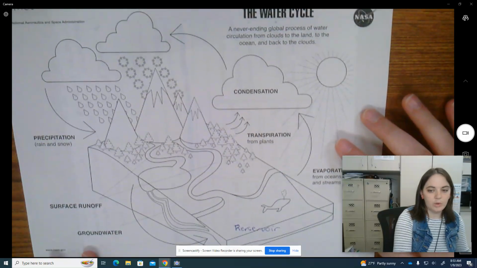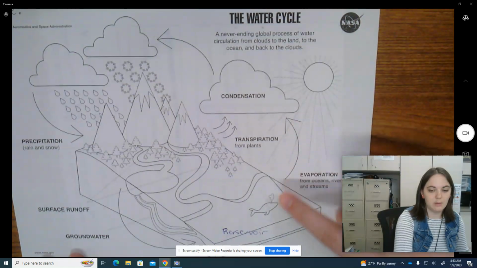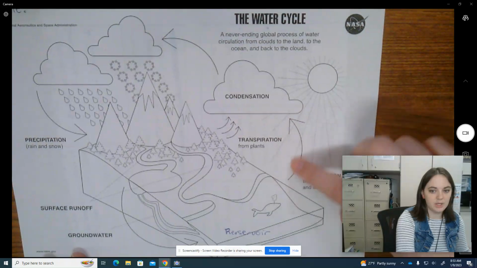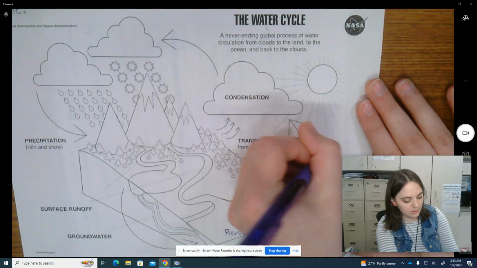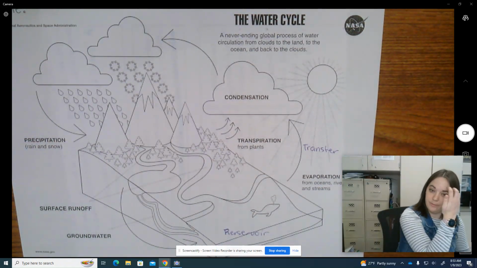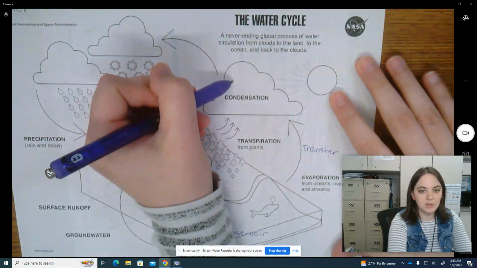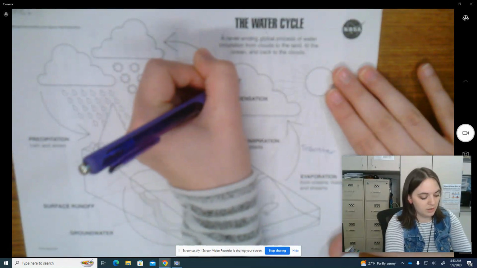Okay. When the water evaporates, it moves from the ocean up to the clouds. Because it's moving, it's a transfer. Then once we get up into the clouds, it is a reservoir.